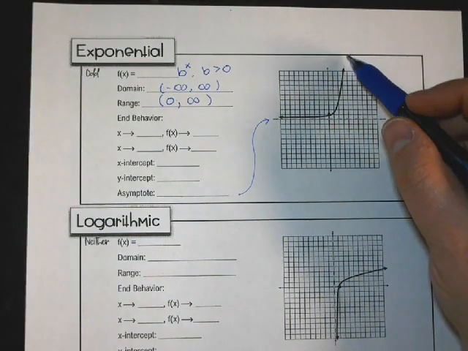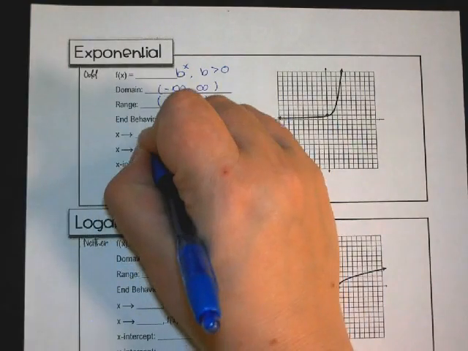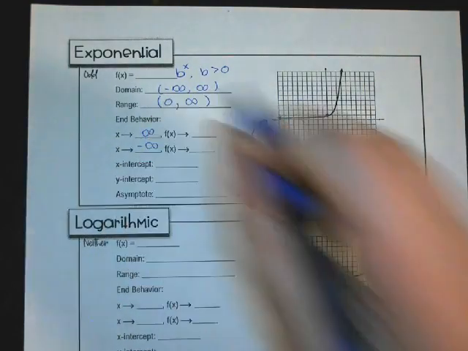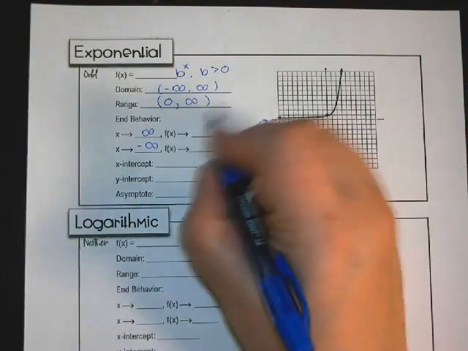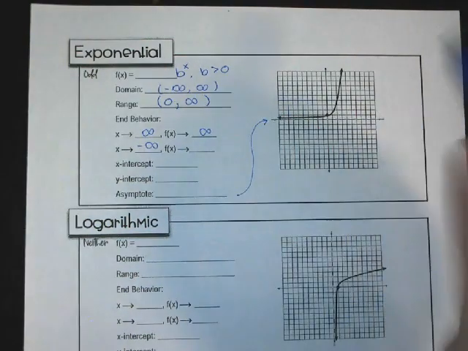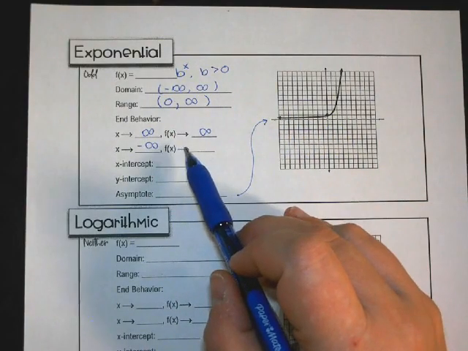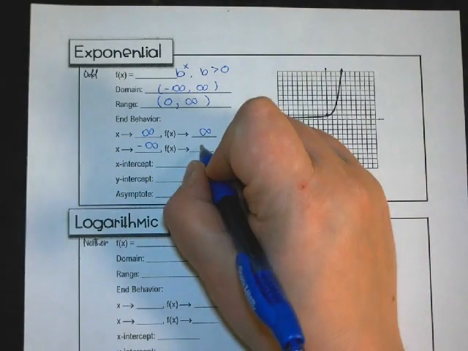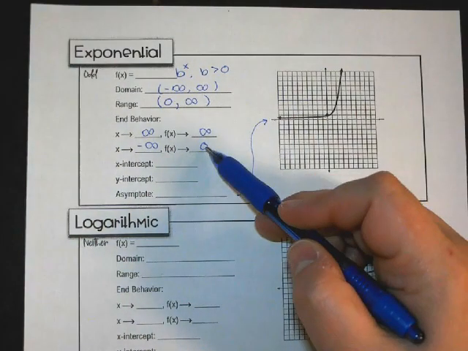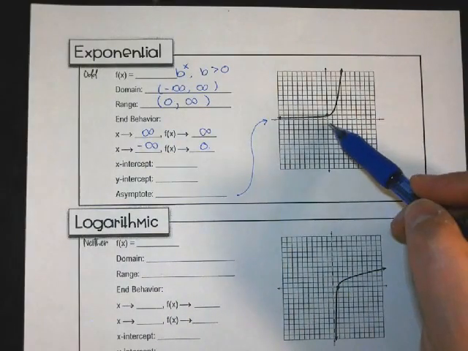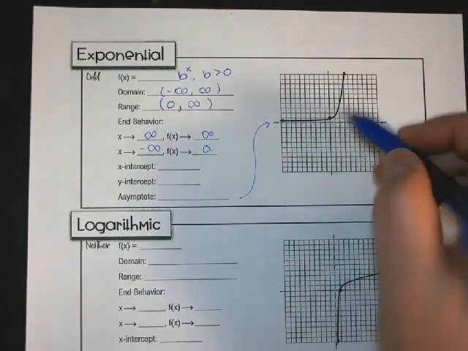Now for end behavior, remember this is x. X can go to positive infinity, x can go to negative infinity. And as I go to positive infinity, my y is going to go to positive infinity. As my x goes to negative infinity, my y is going to get increasingly closer and closer to 0. So that's what my end behavior will look like. I never actually crossed the x-axis.